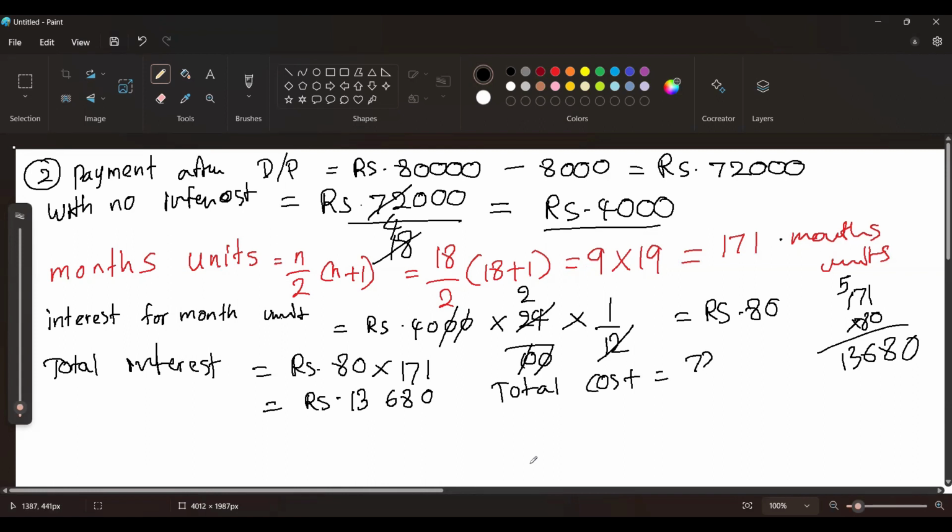They have to pay 72,000 and the interest of 13,680, altogether 85,680.